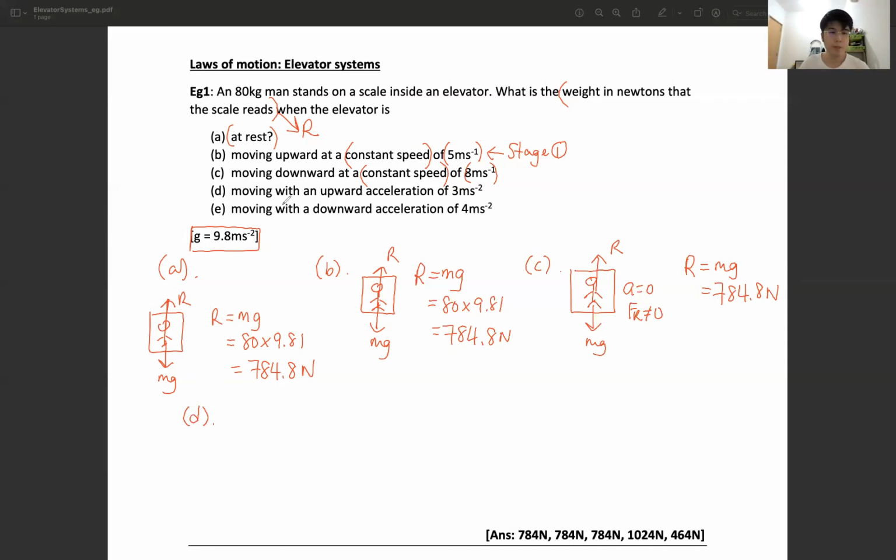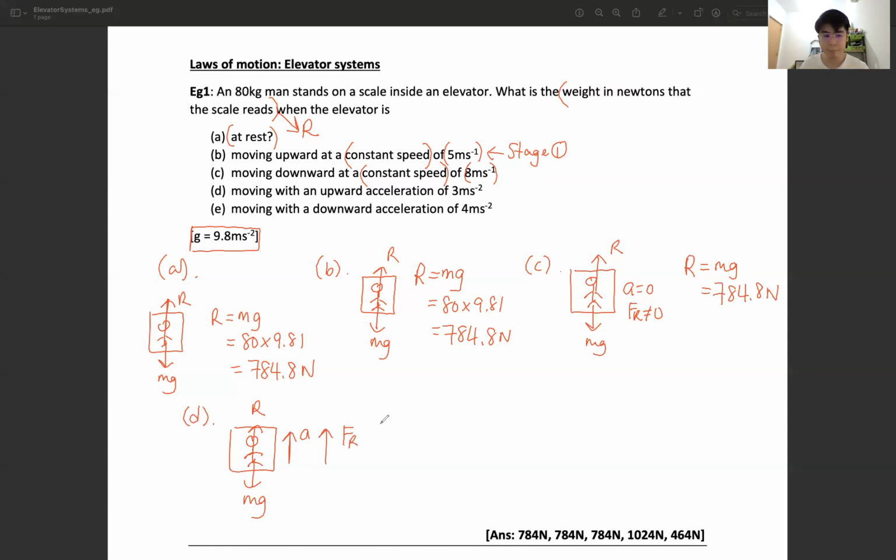Okay, D, moving with an upward acceleration of 3. First label the forces, mg, R. And then you look at the acceleration, moving with an upward acceleration. So label acceleration up. If acceleration is up, resultant force is up.